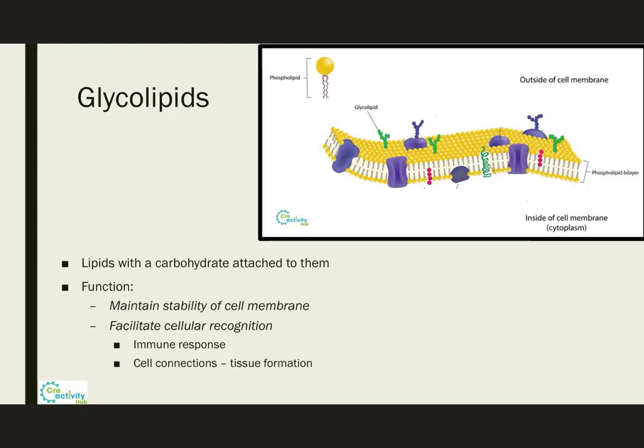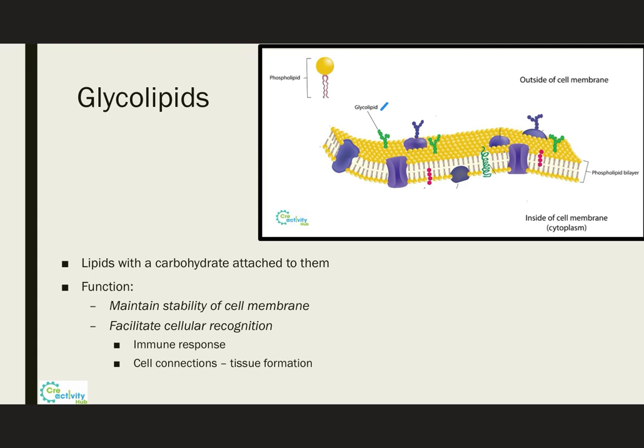Moving on to the glycolipids, the inner and outer surfaces of the plasma membrane differ in protein and lipid composition. The carbohydrate, which is the glyco component of the glycolipids and glycoproteins that extend away from the outer surface of the plasma membrane, forms this very viscous superficial coating that's known as the glycocalyx.